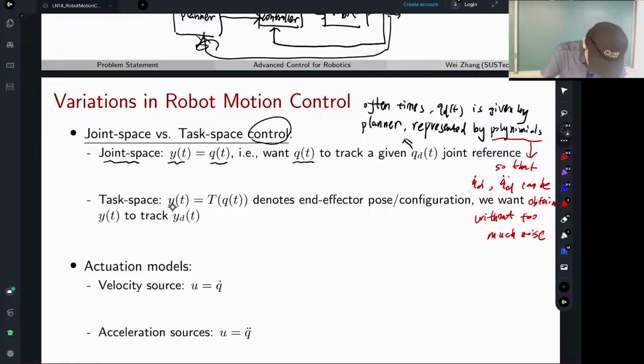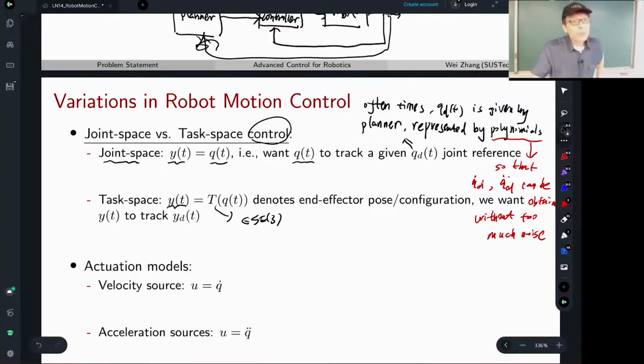So in this case, you're not given a desired joint-level reference. You just give an end effector reference. It could be in SE(3). Or it can be any function of Q, or joint variables.